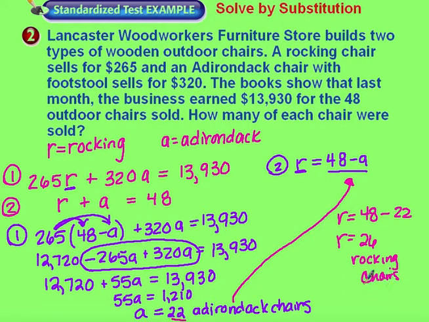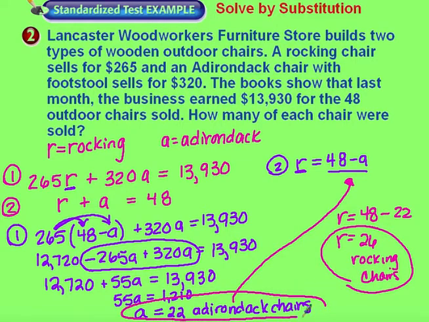So Lancaster woodworkers sold 26 rocking chairs and 22 Adirondack chairs to sell 48 chairs altogether and make a profit of $13,930. So those are our two examples of solving systems of equations using substitution.